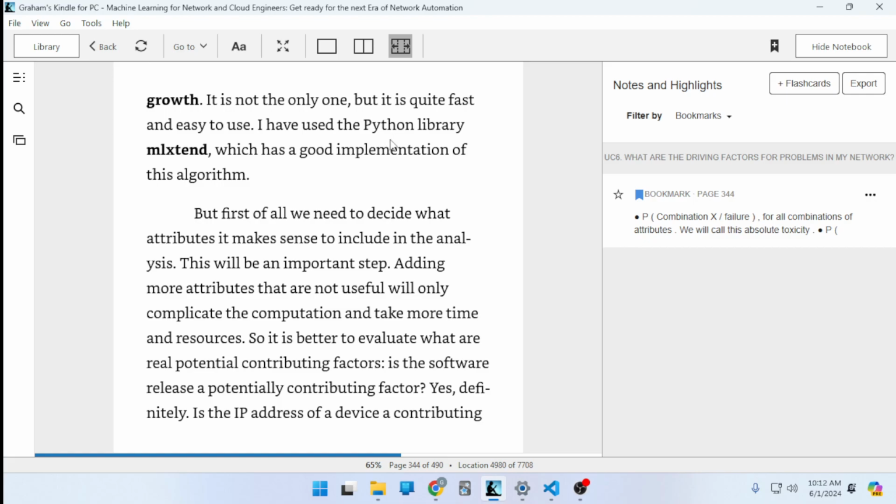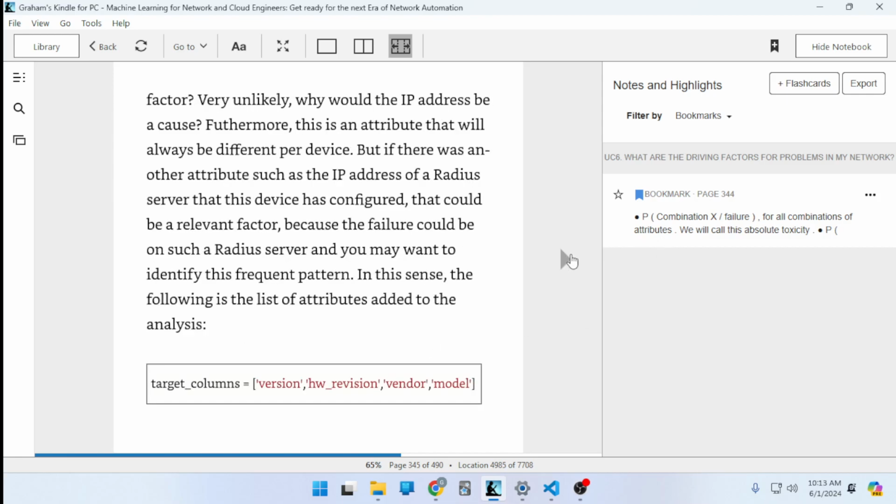But first of all, we need to decide what attributes it makes sense to include in the analysis. This will be an important step. Adding more attributes that are not useful will only complicate the computation and take more time and resources. So it is better to evaluate what are real potential contributing factors. Is the software release a potentially contributing factor? Yes, definitely. Is the IP address of a device a contributing factor?